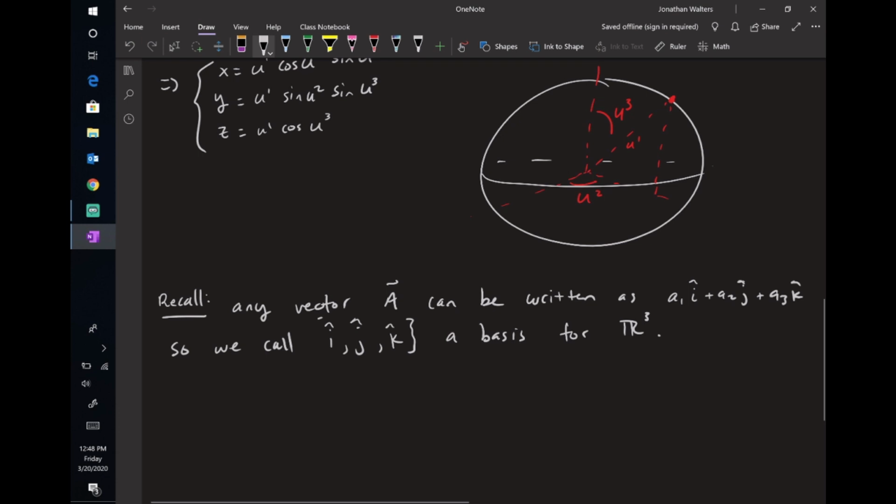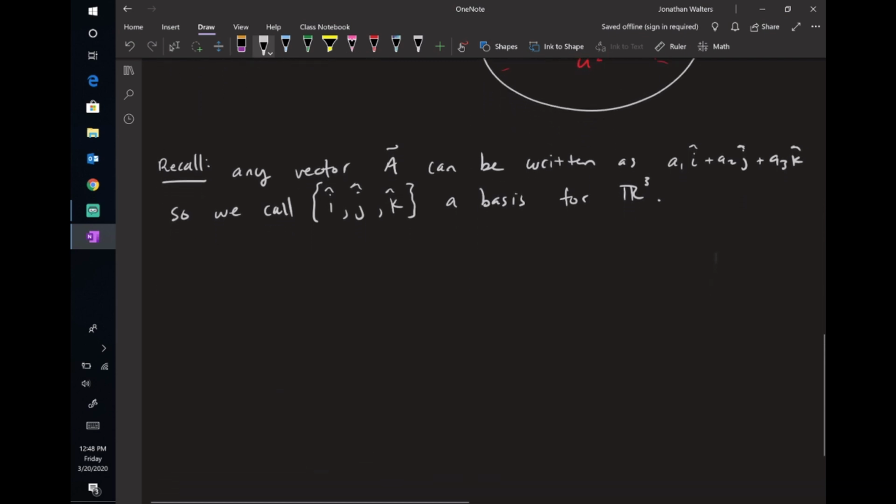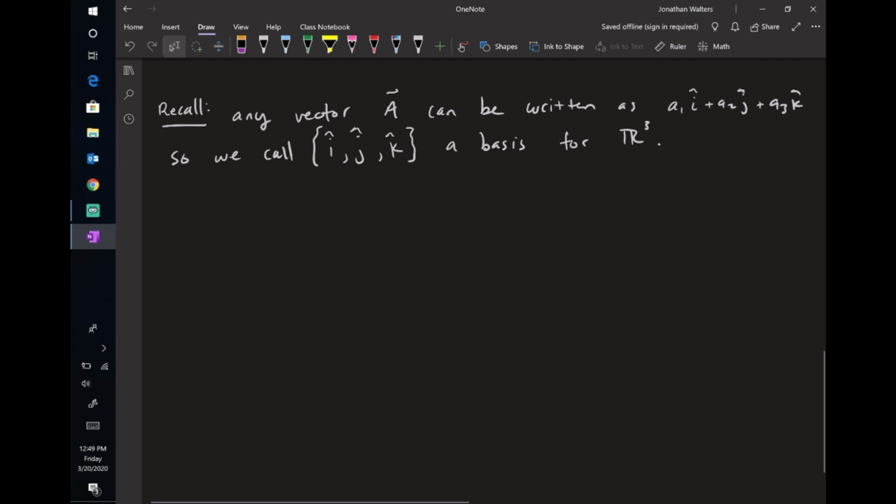Also, they're unit vectors. That's not extremely important for a basis, but some people like it to be a unit vector. So really all we've got to do to define a basis in a coordinate system is either look at some tangent vectors or look at some gradients. So let R be equal to the position vector xi plus yj plus zk.